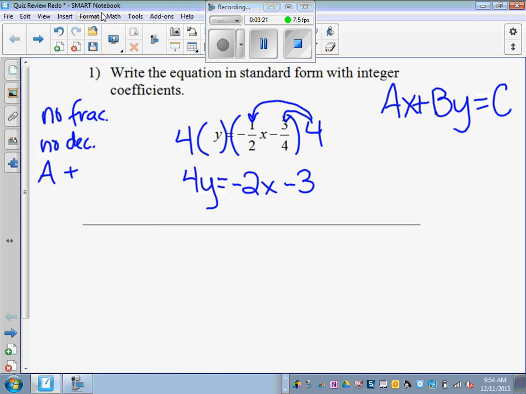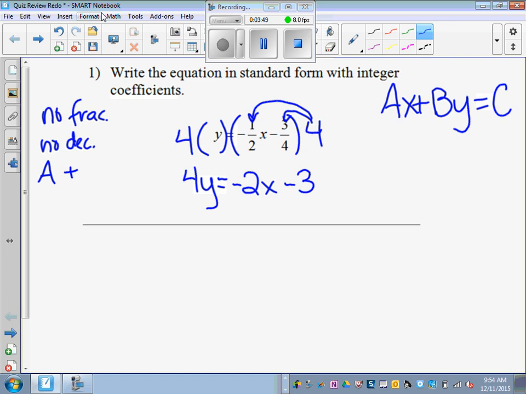Questions so far? So great, we got rid of all of our fractions. There are no decimals, but what's our remaining issue? x is negative, and what else is wrong? It's on the opposite side. Right, we need to have x and y on the left side. So negative 3/4 times 4 is negative 3.